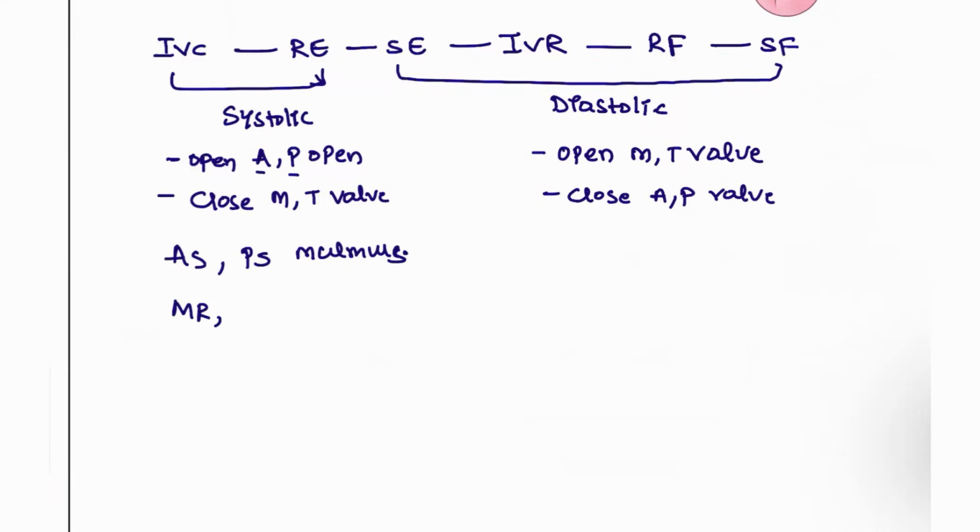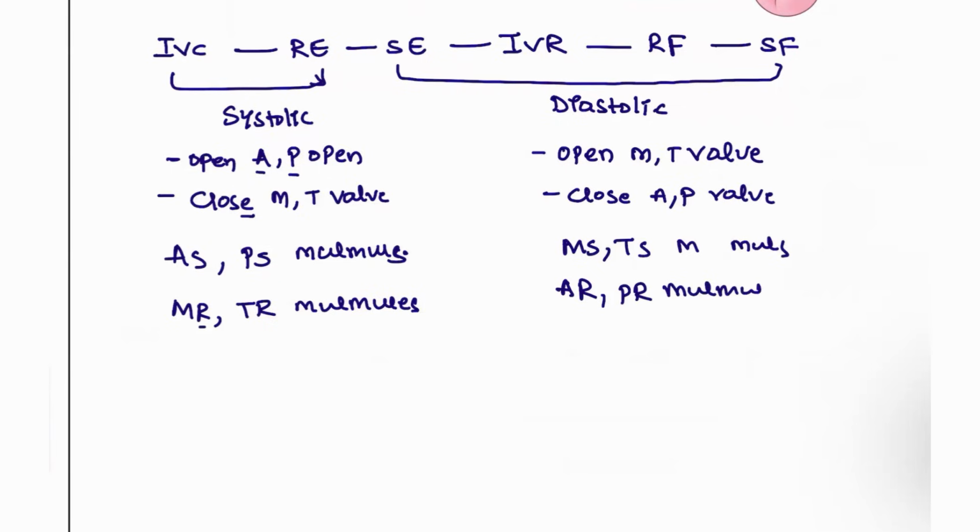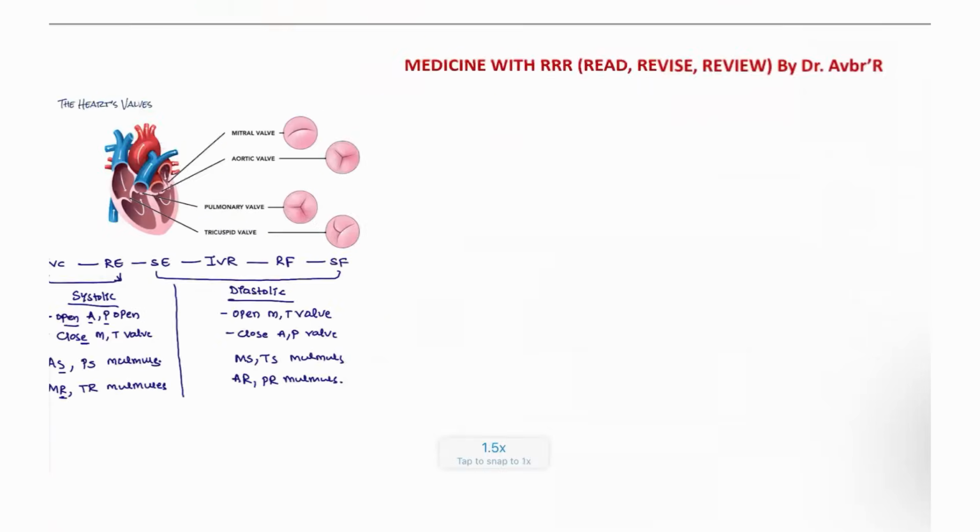Mitral regurgitation, because the valve is closed and regurgitates back, and tricuspid regurgitation murmurs will also be seen in the systolic phase. Similarly, mitral stenosis and tricuspid stenosis murmurs occur in the diastolic phase, and aortic regurgitation and pulmonic regurgitation murmurs will be seen in the diastolic phase. What is opening causes stenosis; what is closing causes regurgitation. This is the difference. When you see these murmurs in a question, you don't have to be confused and can easily answer. Okay, so that's what you have to remember.